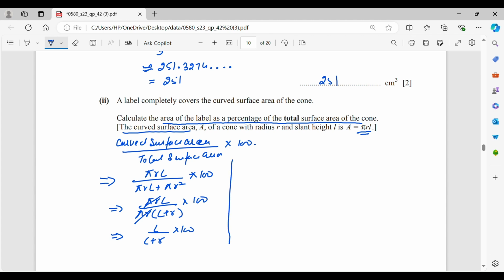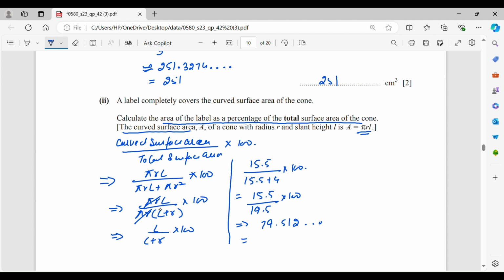L is 15.5, right? So 15.5 over 15.5 plus radius, which is 4, into 100. This is equal to 15.5 over 19.5 into 100, which is approximately equal to 79.512, something like that.